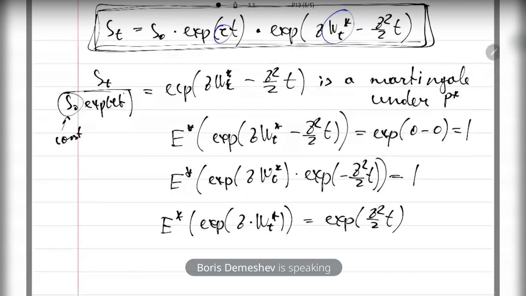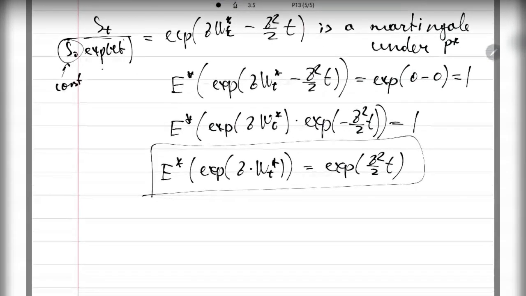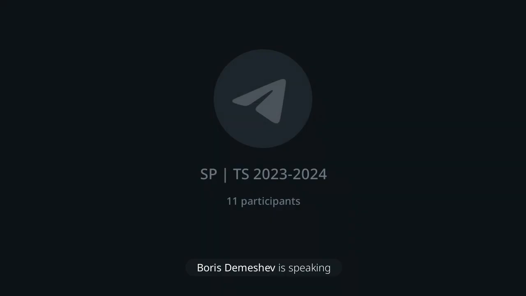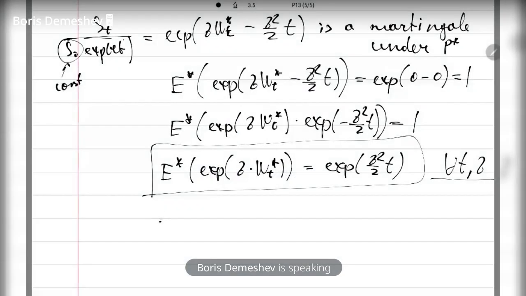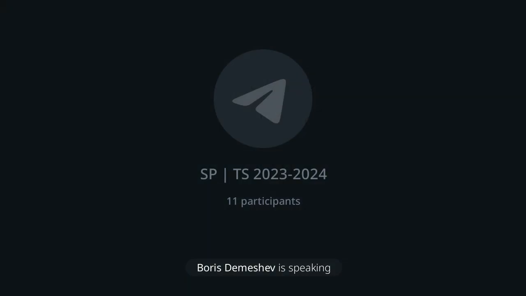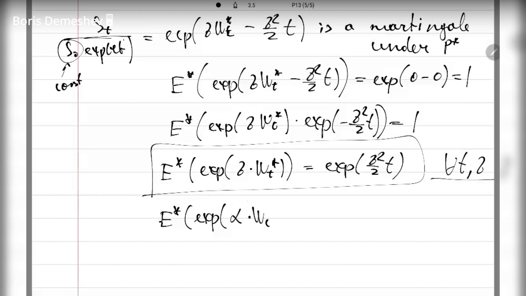I don't need integrals. I just say, oh. And that's for every T, for every sigma. So let's restate this formula. Let's just replace sigma by any value to avoid confusion. So to avoid confusion, I will replace sigma by alpha WT star.